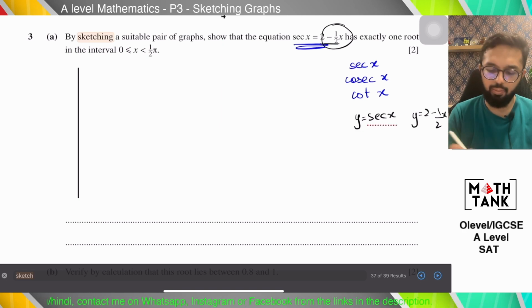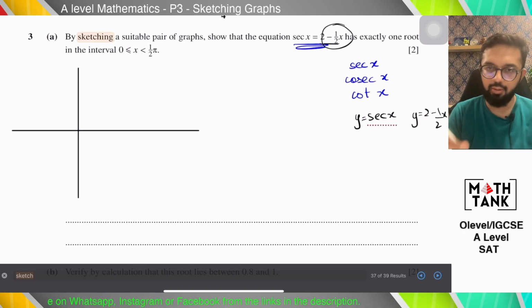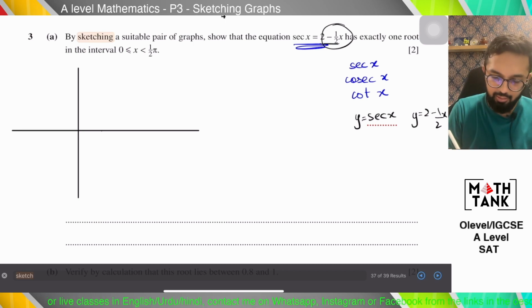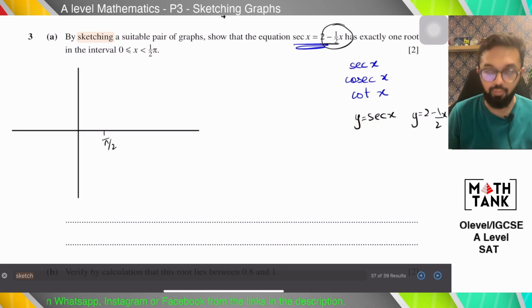Sec x is 1 over cos x. So I just need to draw it up till pi over 2, so I'm just going to label pi over 2 here. Let's make it sufficiently large enough for me to draw a diagram. Now this becomes a little challenging. Sec x is 1 over cos x.